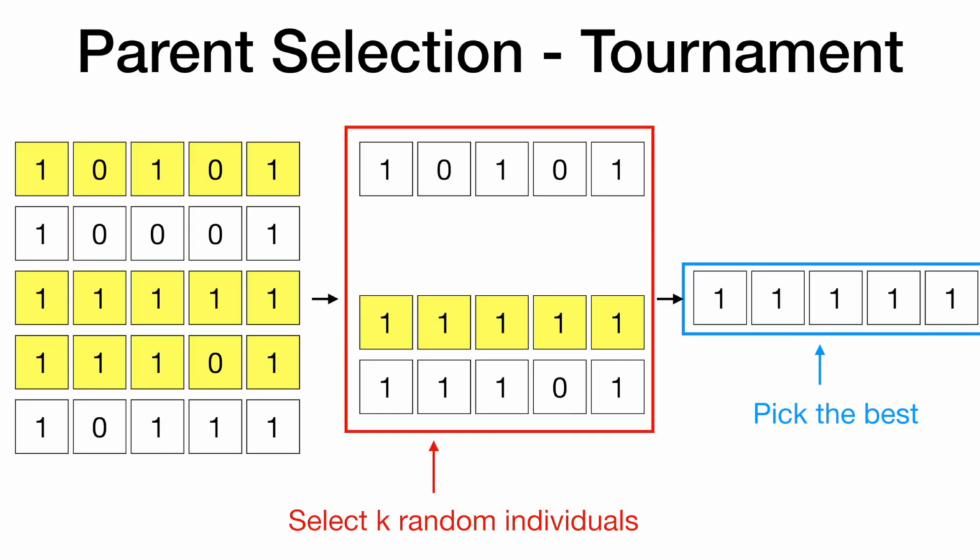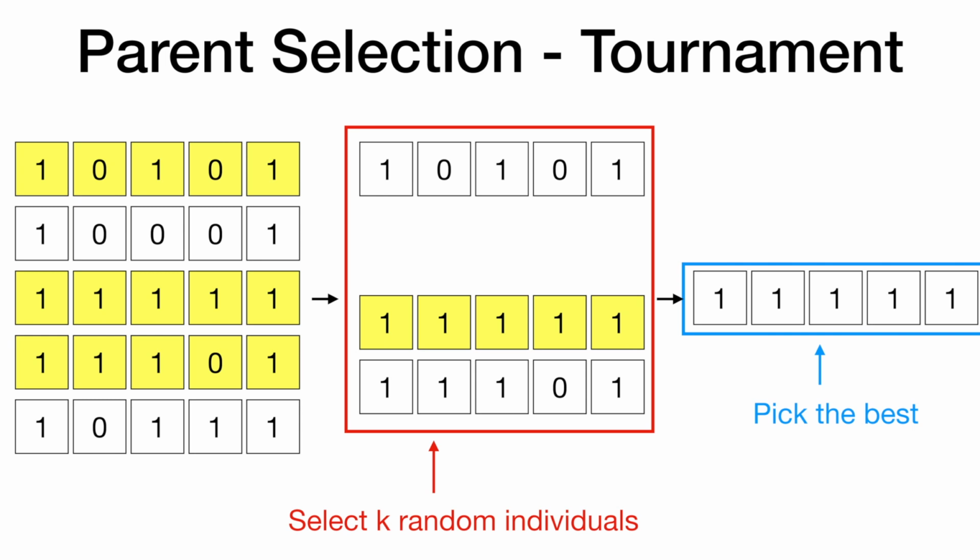The second most popular solution is tournament. We randomly pick a couple of chromosomes, and then we use a tournament to choose the best from those picked.